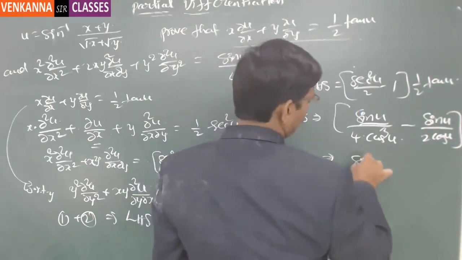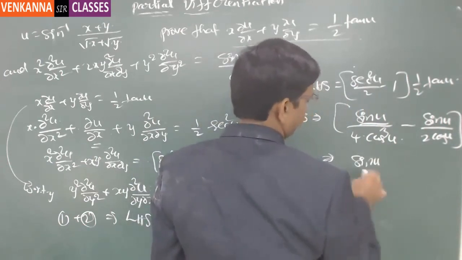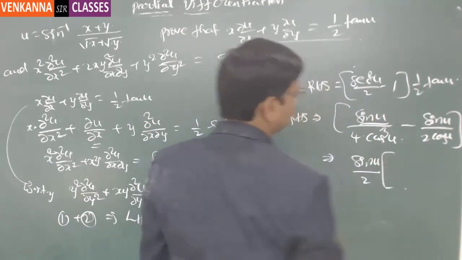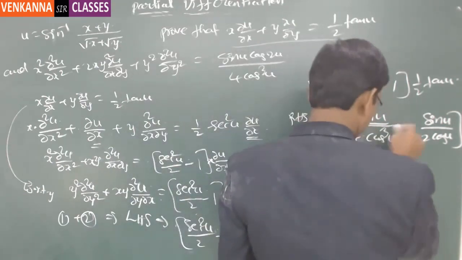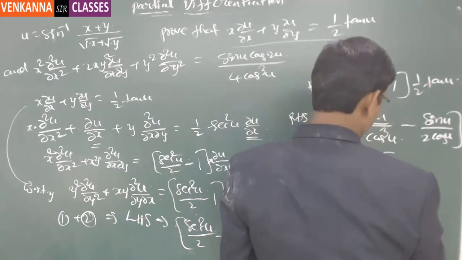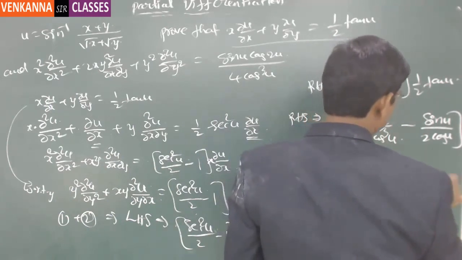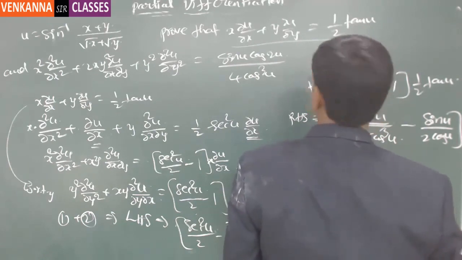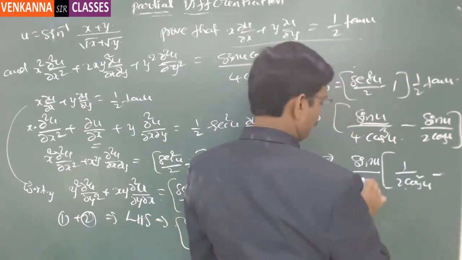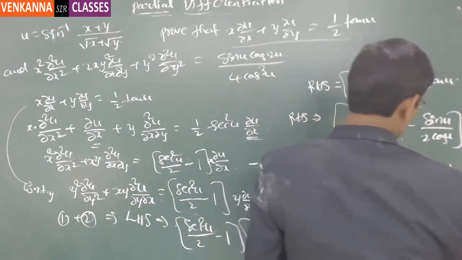If you take sin u out, 1 by 2 also is out, and then 1 by 2 cos square u minus 1 by cos u.